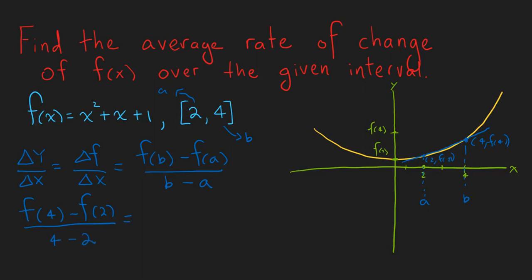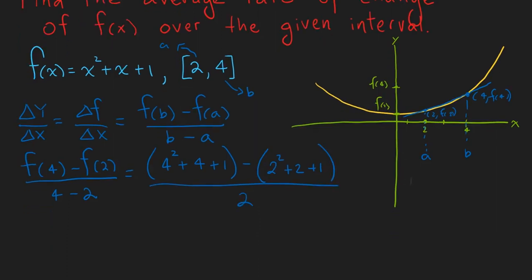If we plug these into the function, then we'll get 4 squared plus 4 plus 1, minus 2 squared plus 2 plus 1, and then all of this over 2, because 4 minus 2 is 2.